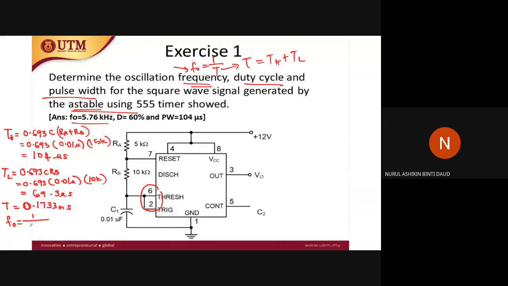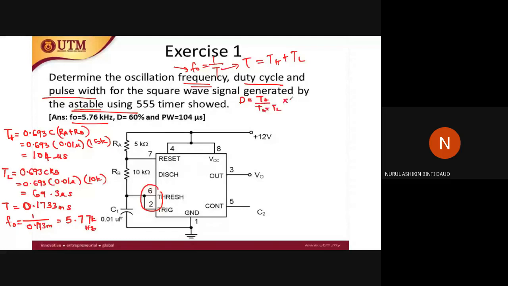From here you can get the frequency for this system. So 0.1733 milliseconds, you will get 5.77 kilohertz. And then from here you can calculate the duty cycle, which is D equals TH over TH plus TL times 100.